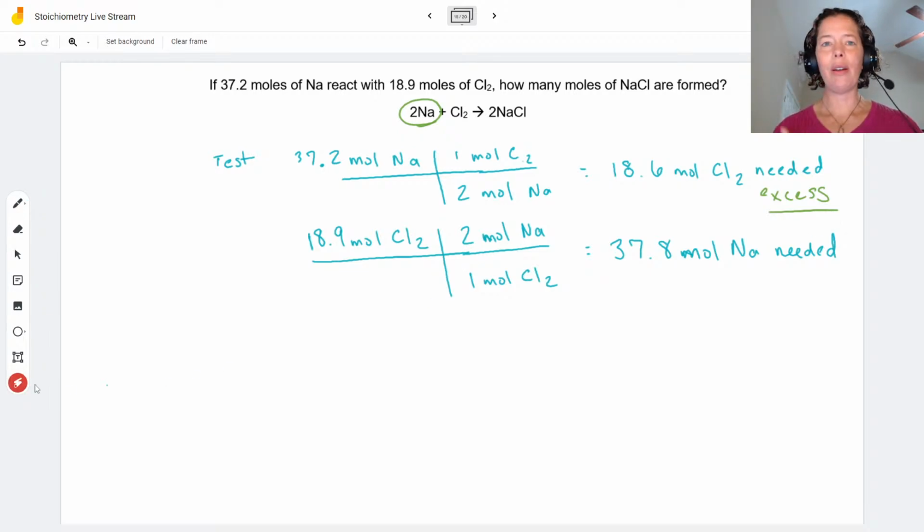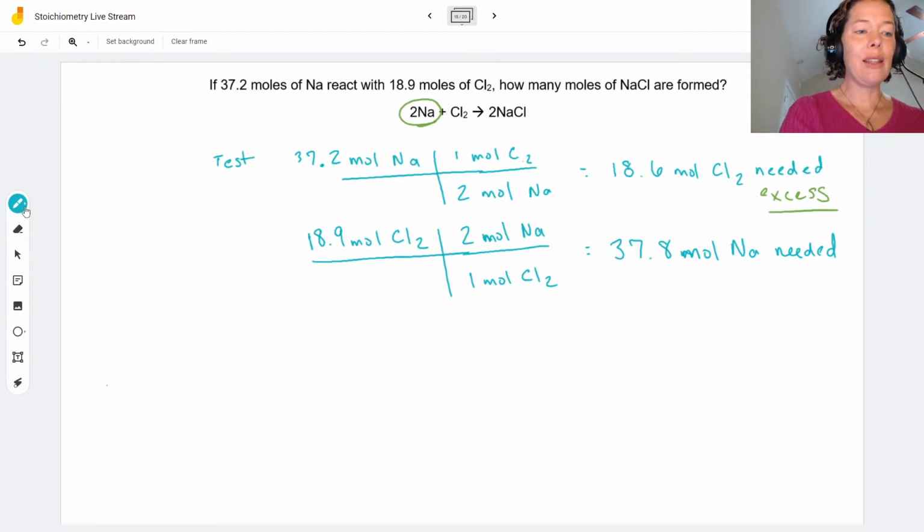Okay, so again, I'm going to work through my logic here. If I'm going to use all of my chlorine, I need at least 37.8 moles of sodium. I'm going to go back to the original problem. How many moles do I actually have? I only have 37.2. I don't have enough. I'm going to run out of my sodium.